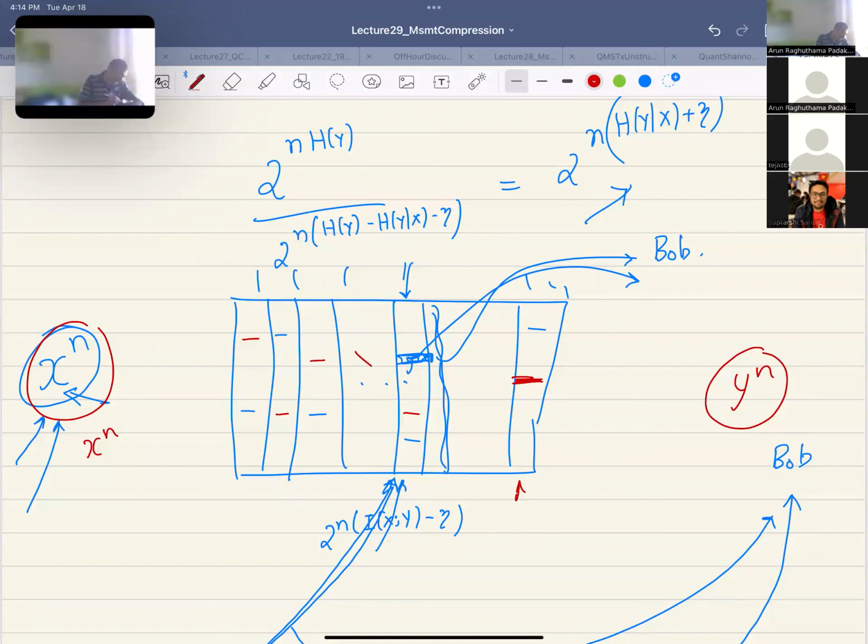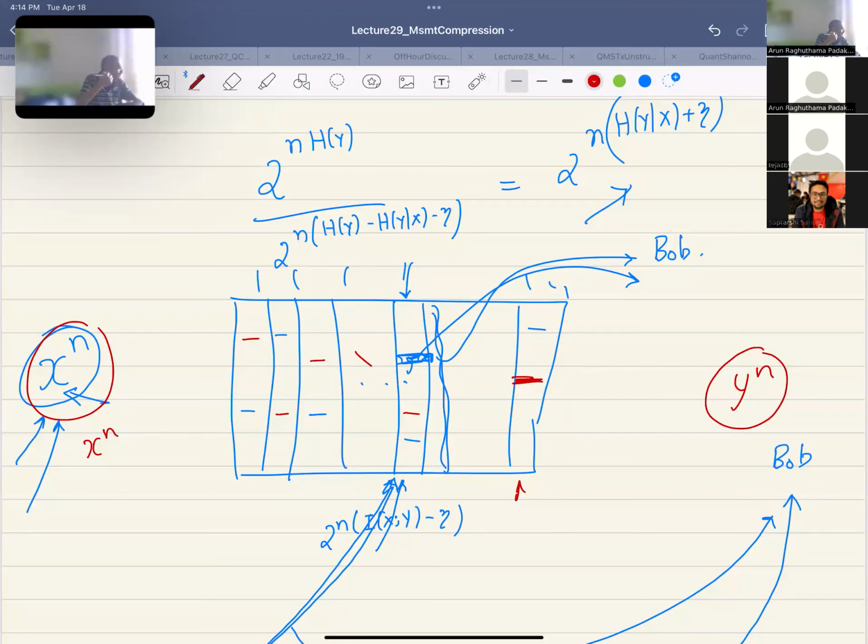So I should come up with a way to assign every conditional typical element so that every bin has a representative from the conditional typical set. If I can ensure that, then for every bin index that is randomly given to Alice, she will be able to look for a yn that is jointly typical with that xn, and the process can continue.